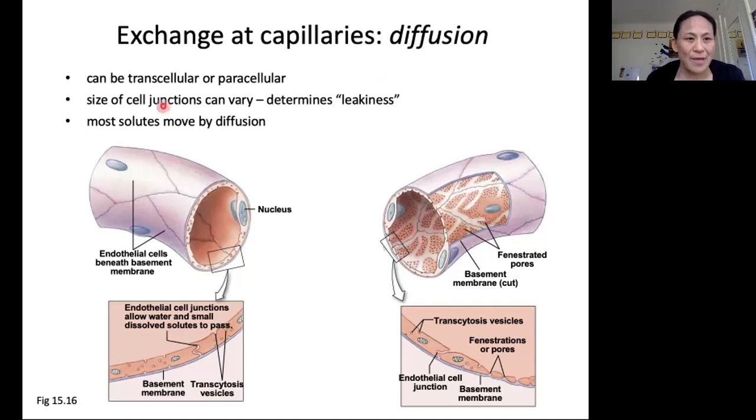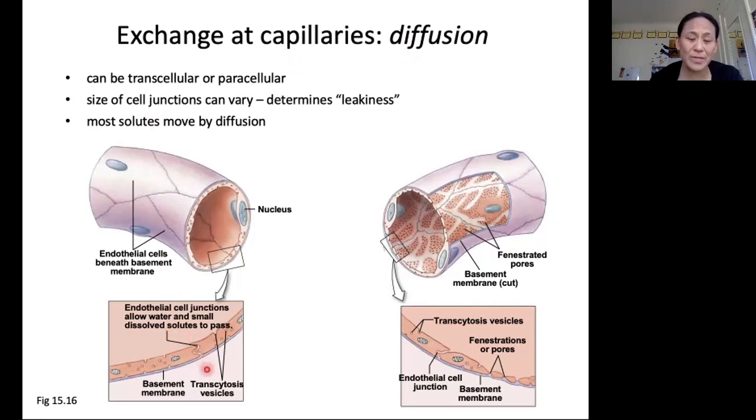Another thing I want to say about this is the endothelial cell junctions, right? Remember that we have tight junctions there. They're going to vary in their leakiness, okay? So we can have some tight junctions here that really don't allow anything through.